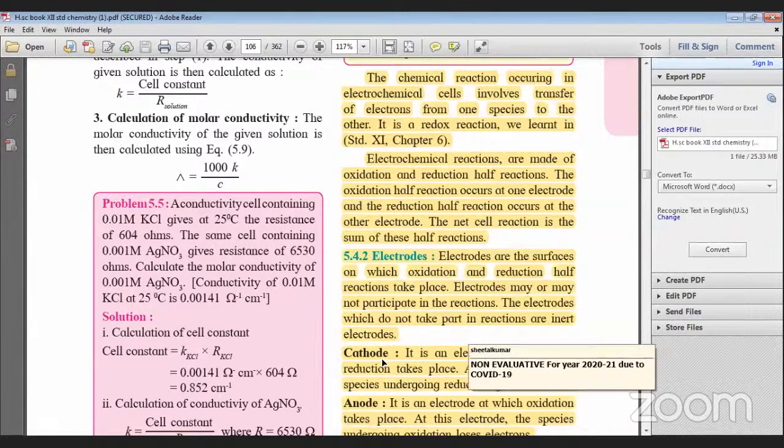Now electrodes, as I have said, two electrodes are there, cathode and anode. Cathode is negatively charged, and which reaction takes place at the cathode? Reduction. As it is negatively charged, reduction takes place. Reduction is a process where electrons are accepted. Anode is a positively charged electrode.